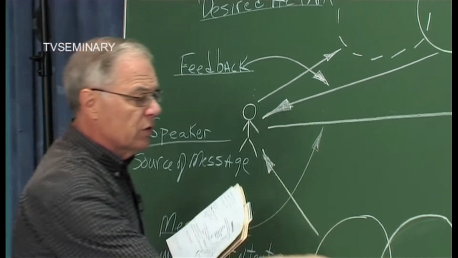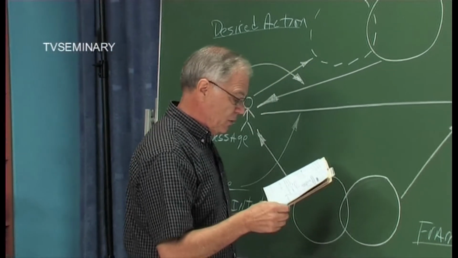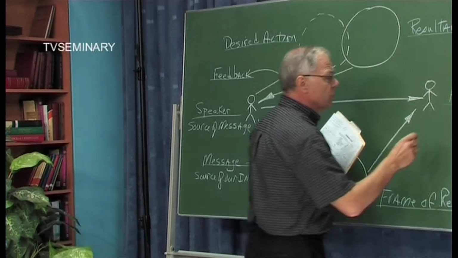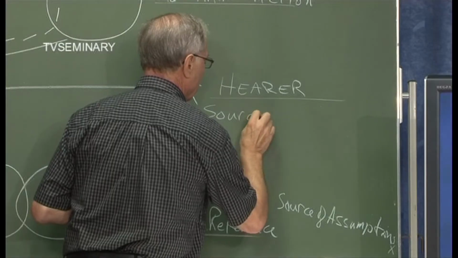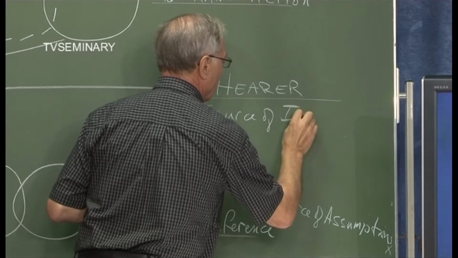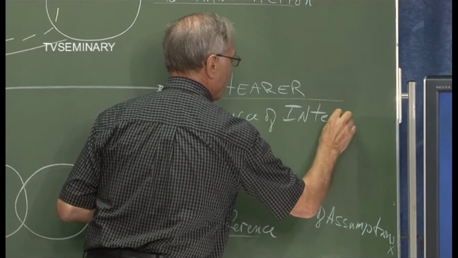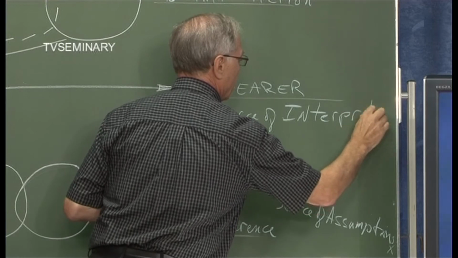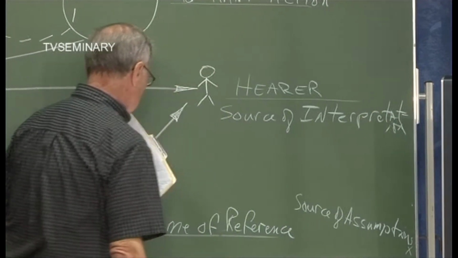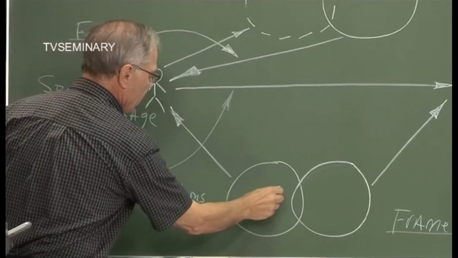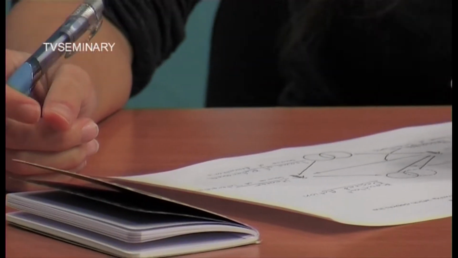So we have the source of assumptions here in frame of reference. And in the interpreter, in the hearer, we have the source of interpretation. So this frame of reference shapes how the message is sent.